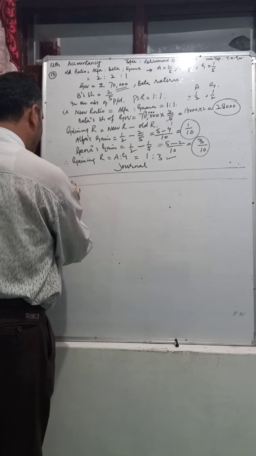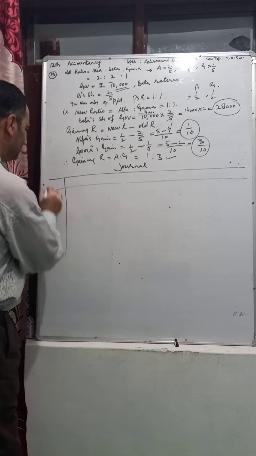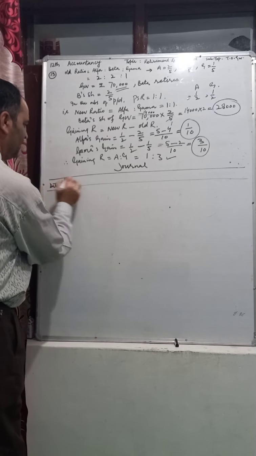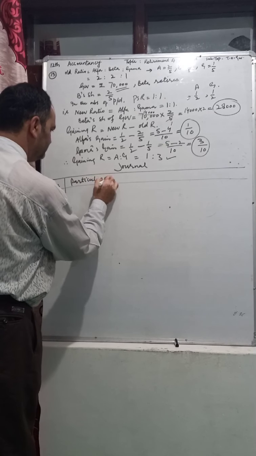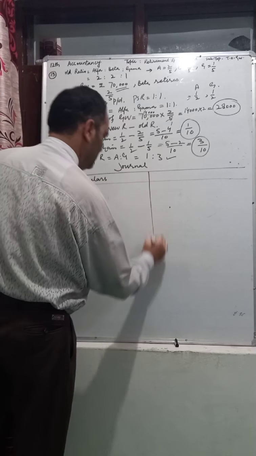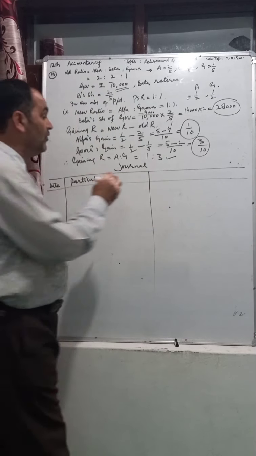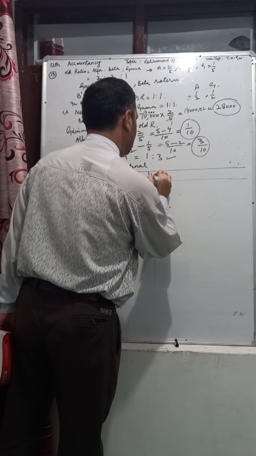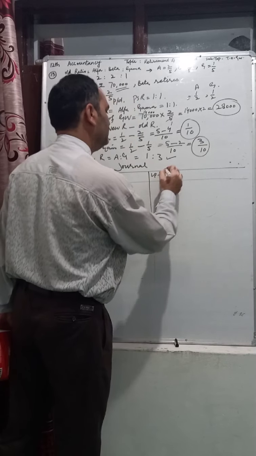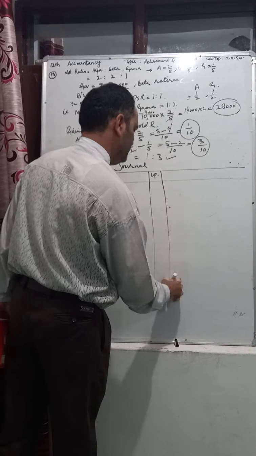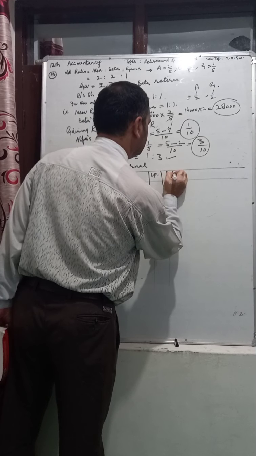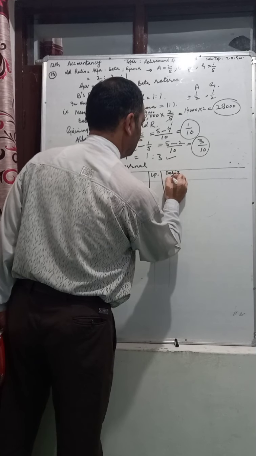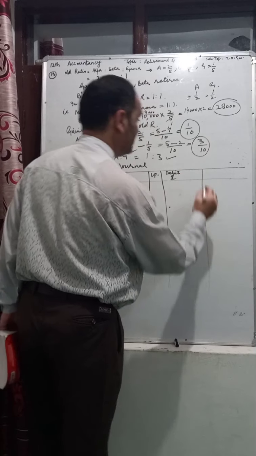The format of the journal is date, particulars, LF, ledger folio, debit amount, and credit amount.